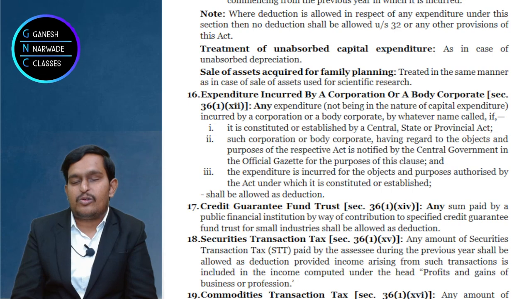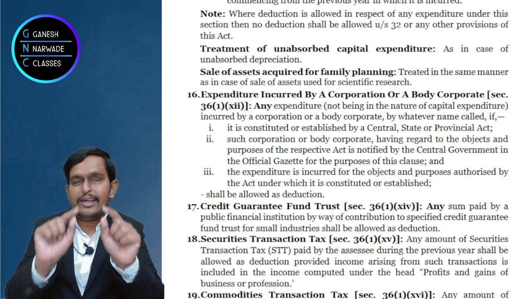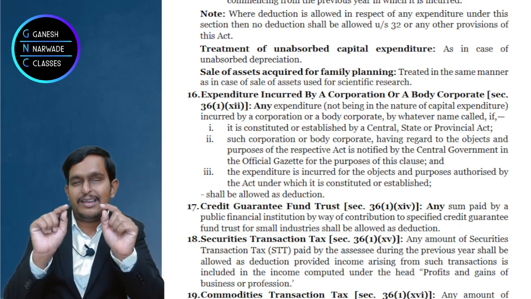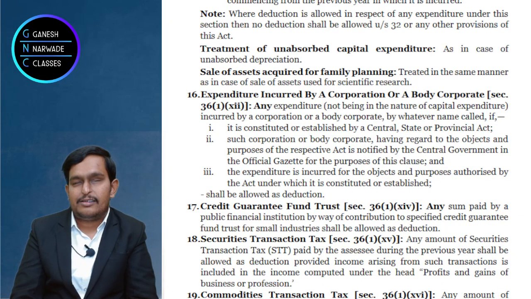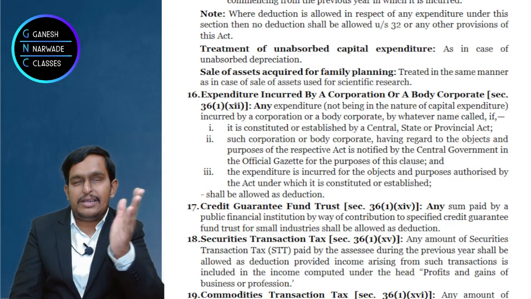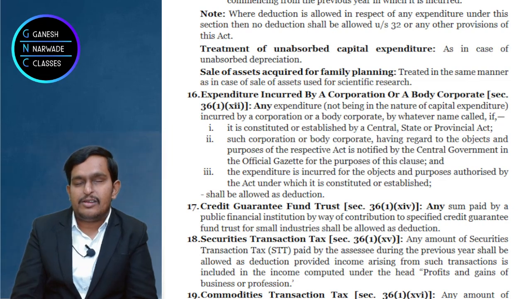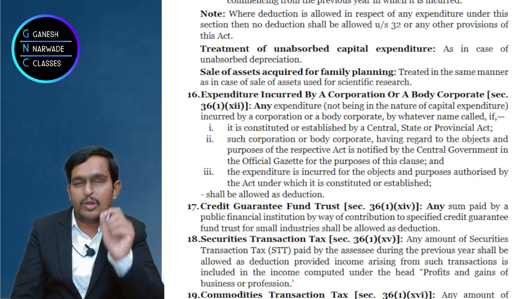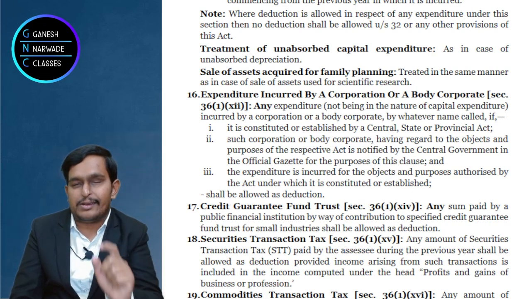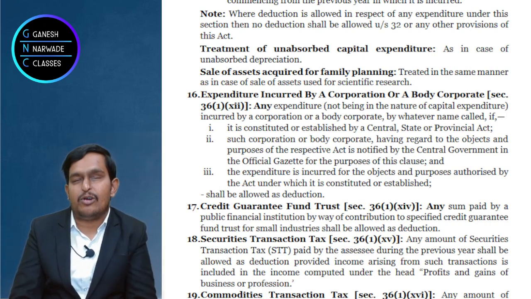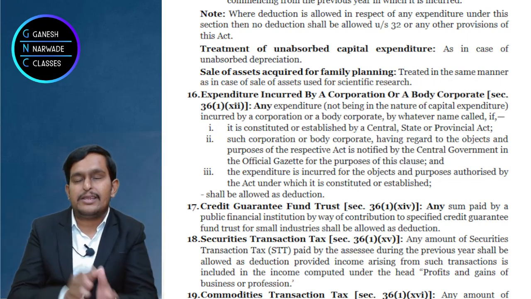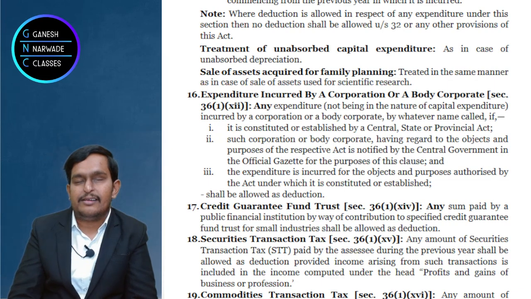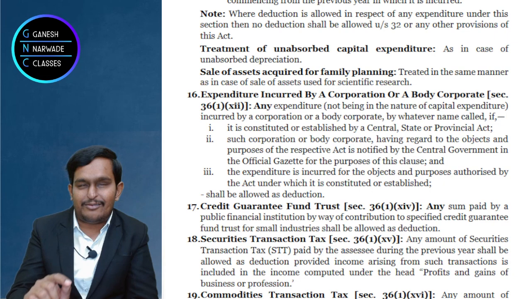These organizations have their special law, special act, because when parliament or a state legislature creates any corporation, they have their own law and their own purpose, which is notified by the central government or state government. As per the purpose, if they spend anything, then it is allowed as deduction under section 36(1)(xii).